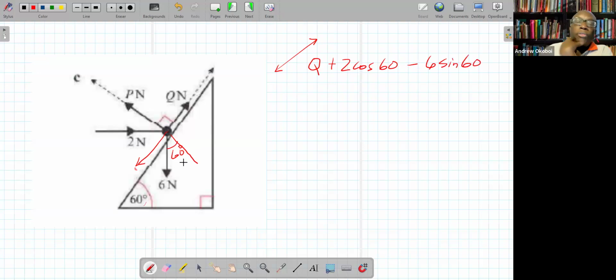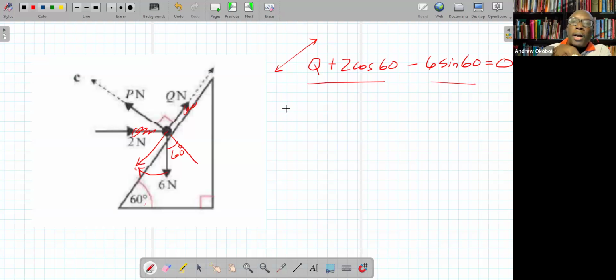Because I'm turning away from the 60 degrees, and it's actually pointing in the opposite direction of Q and the 2 cos 60. So this now all equals 0, because those are the only forces. There's only one downward force, which is this one, which was turned here. This force here and this one here, once we turn them, are actually pushing up. So that's why we add these two together and subtract that one and say equals 0.